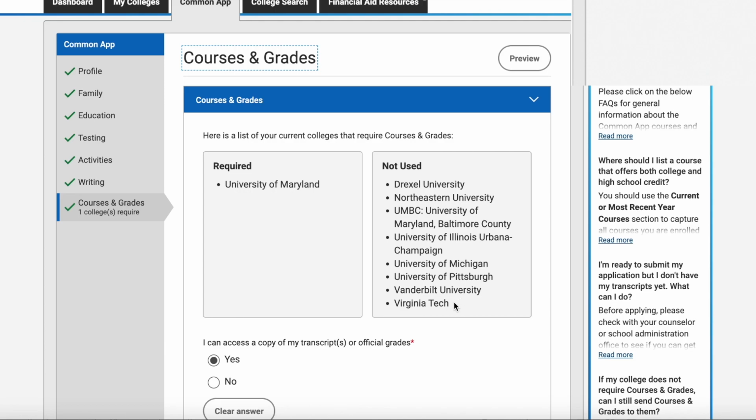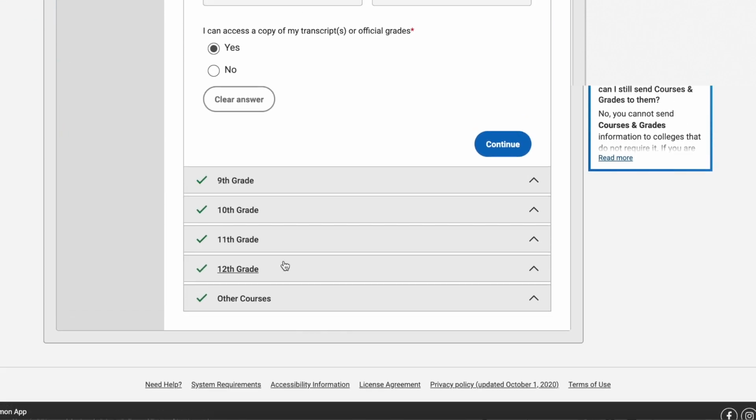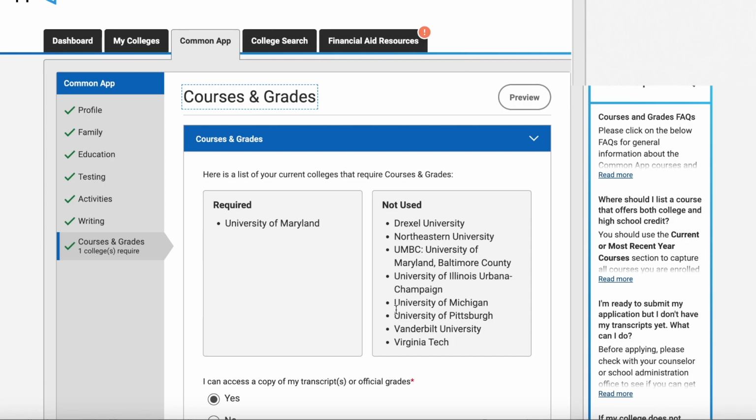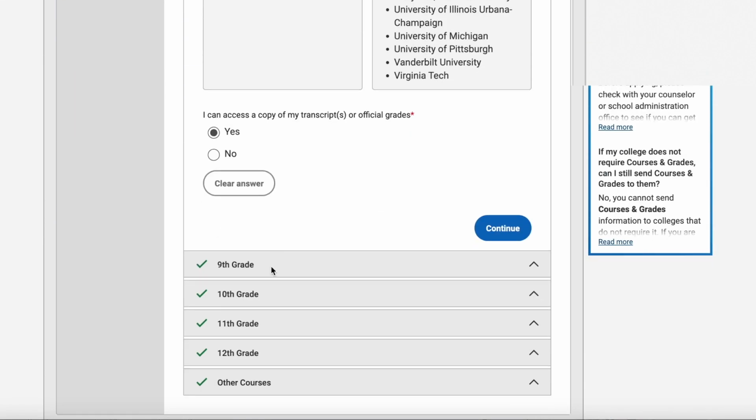Some of them had a portal where it's a self-reported score. Same thing as if you are self-reporting your SAT, then these colleges will ask you, for example, University of Illinois Urbana-Champaign, I had to fill out the same thing I filled out here in their own college portal. So as long as one college requires it, you're going to have to do this.